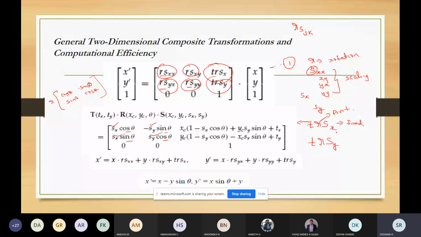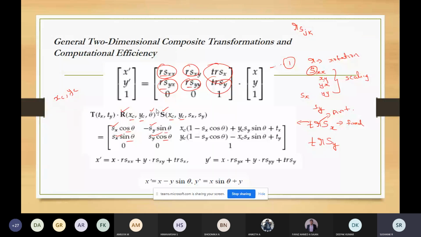For example, now you want to scale an object and rotate that object about a coordinate point called xc comma yc, the pivot point, by an angle theta.